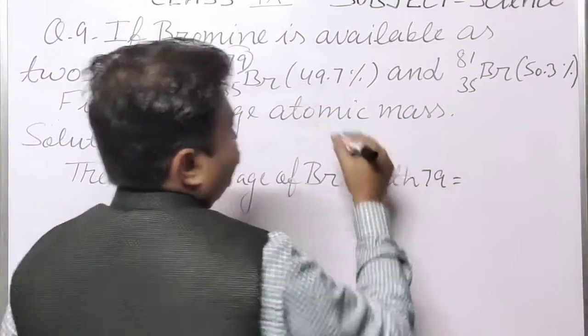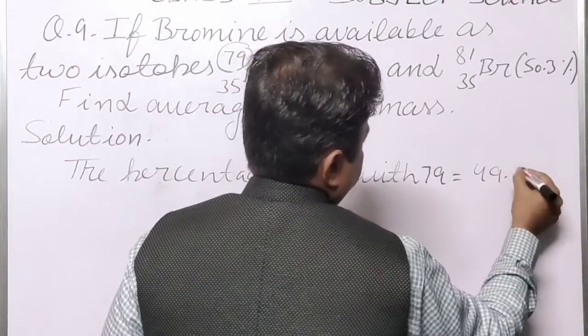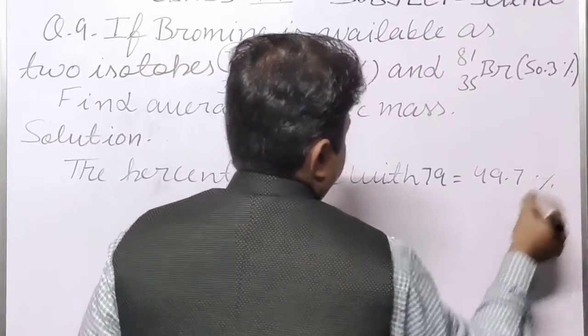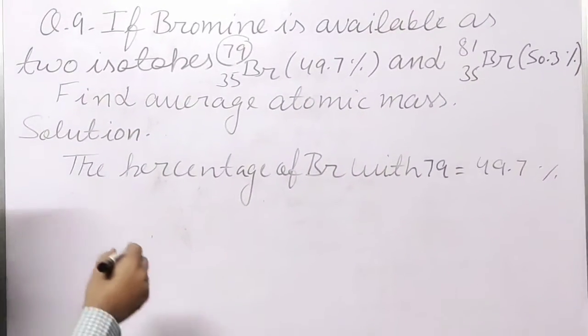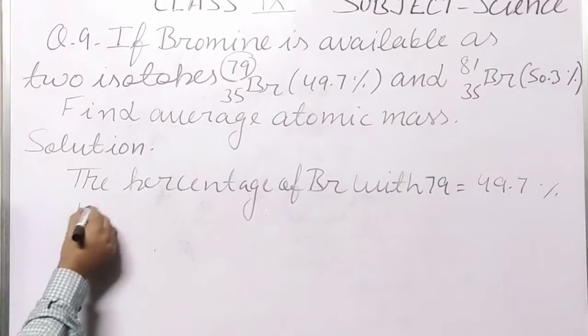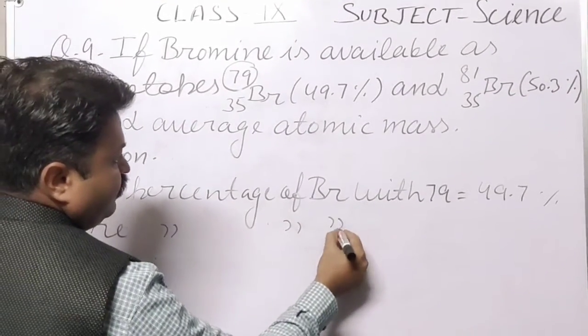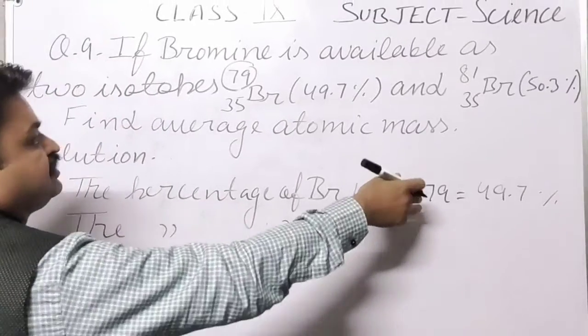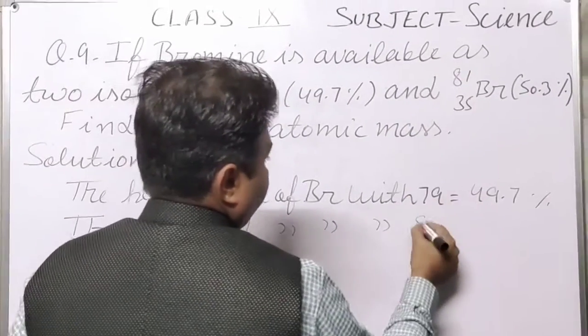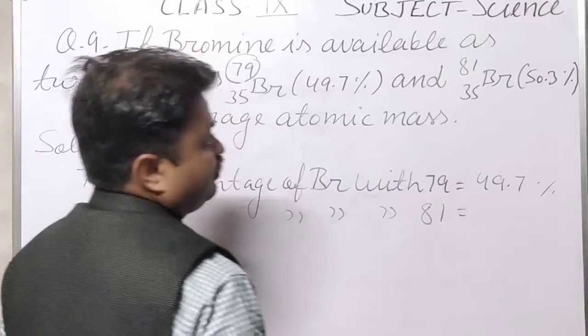And what is it? 49.7%. Next is the percentage of bromine with mass number 81, with 81 mass number, and what is it?